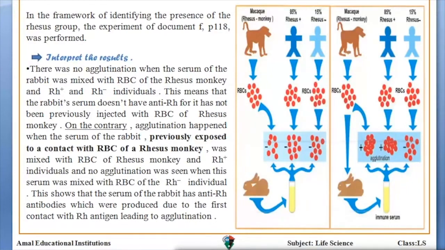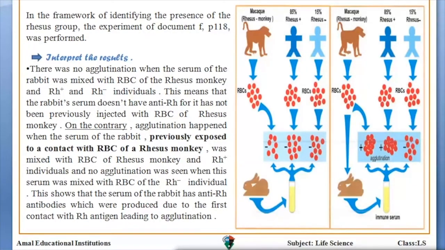So, in conclusion, the rhesus system is characterized by the presence of the Rh antigen on the membrane of the red blood cell since birth, and the presence of anti-Rh antibody after the first contact with Rh antigen.